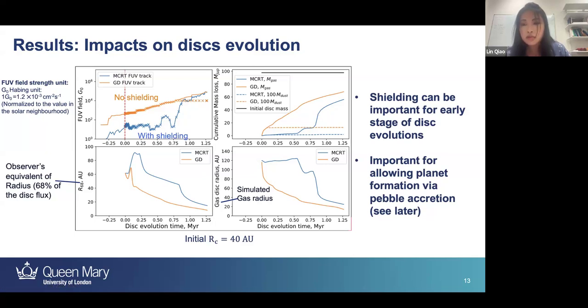So this shows that although most disks in the cluster are shielded for a short period of time, for those that have early cloud shielding, it can be important for the early stage of disk evolution. And later on, I will show that this initial cloud shielding period is important in facilitating planet formation via pebble accretion.